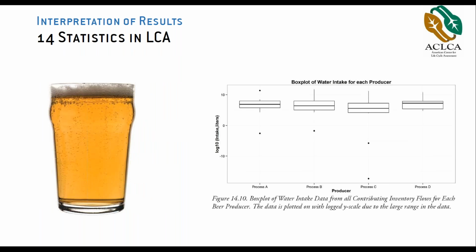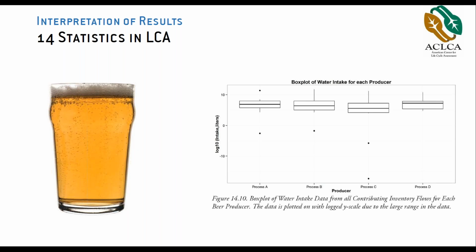So, as I mentioned before, we had great beer data, and it was possible to do calculations of environmental impacts of different beers and different producers. And here's what we found. They're all pretty much alike.